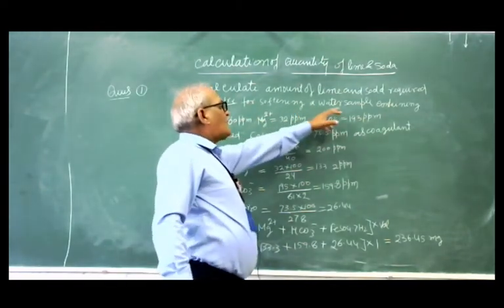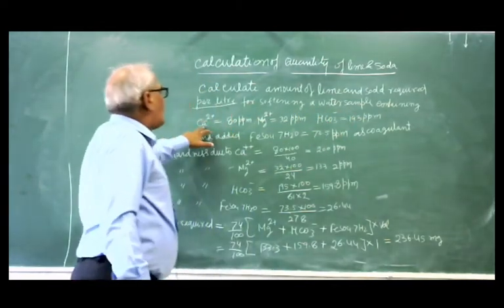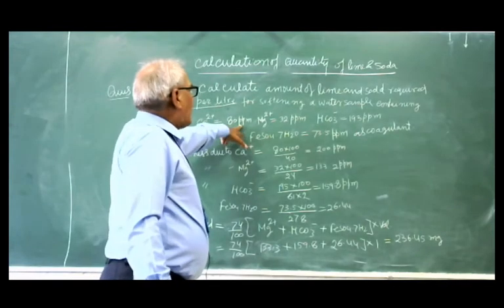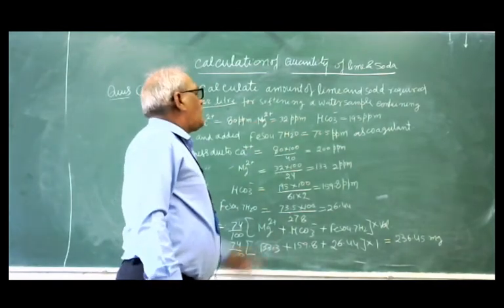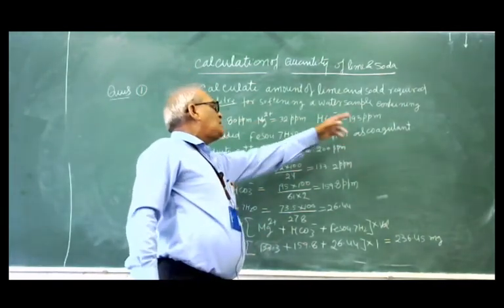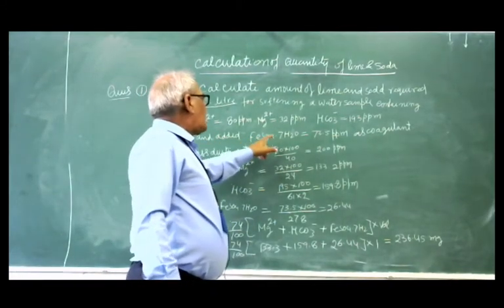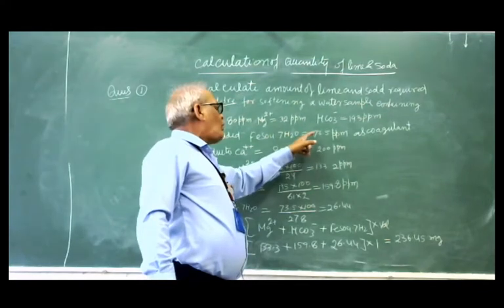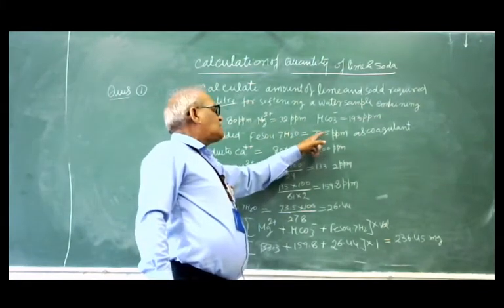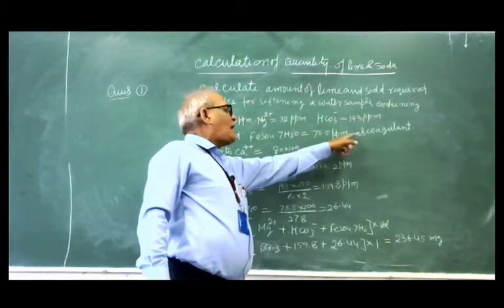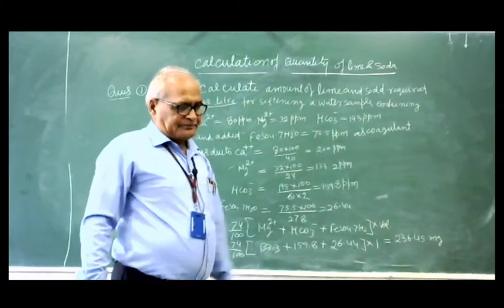For softening a water sample containing calcium ion 80 ppm, magnesium ion 32 ppm, bicarbonate 193 ppm, and added FeSO4·7H2O equal to 73.5 ppm as a coagulant.